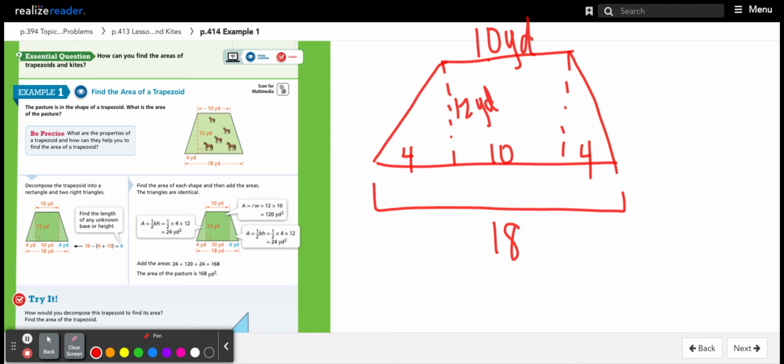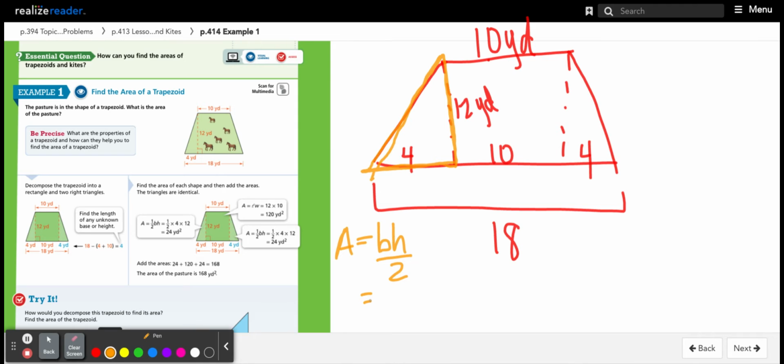So now to find the area of this trapezoid, we are going to actually have to find 3 areas and then add them up. So first, let's find the area of this orange triangle. So the area formula for a triangle is area equals base times height divided by 2. So now we're going to plug in.